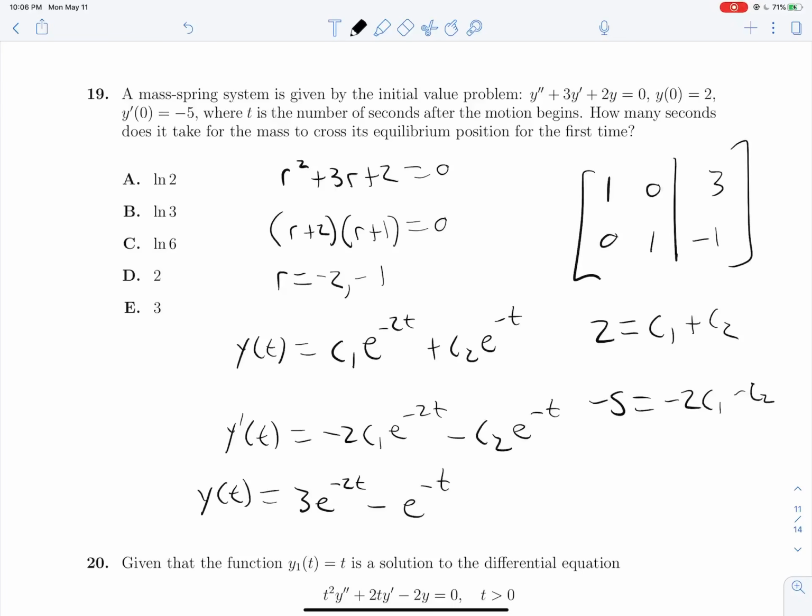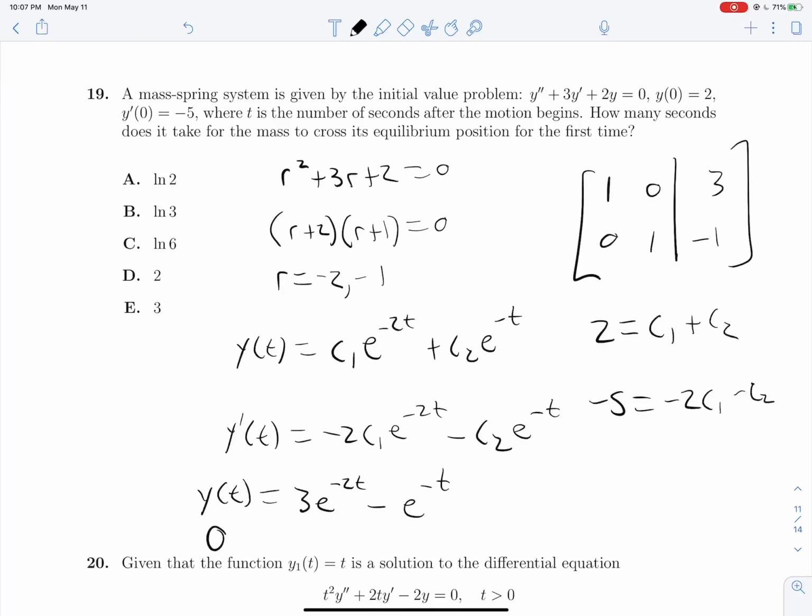We are trying to find how many seconds it takes for our mass to cross back to its equilibrium position. So that will be the case when y of t is equal to 0, because that should be our equilibrium.